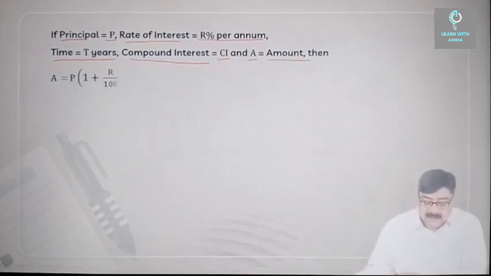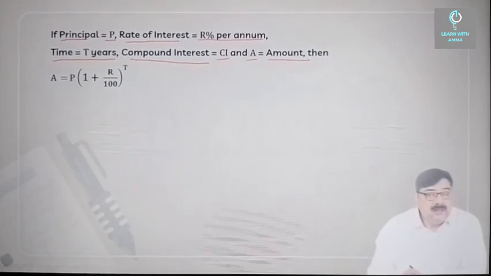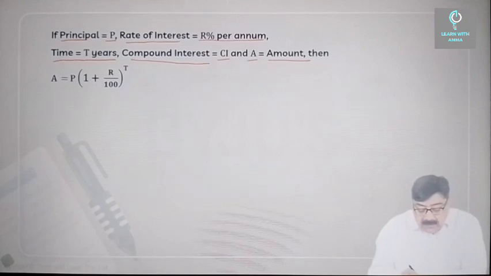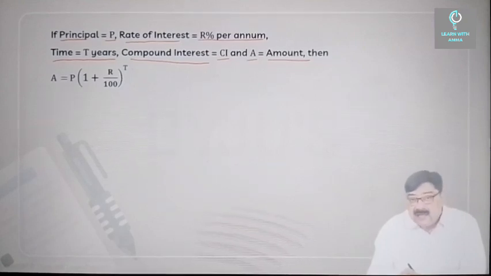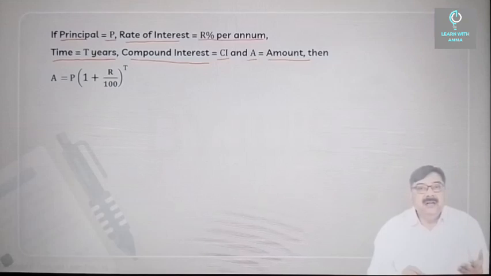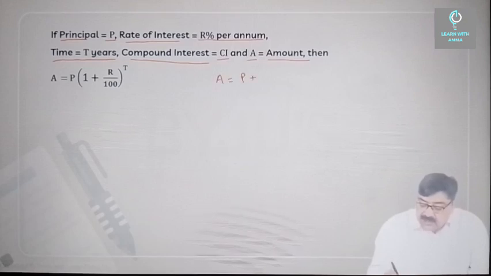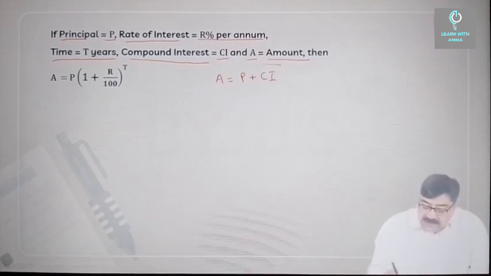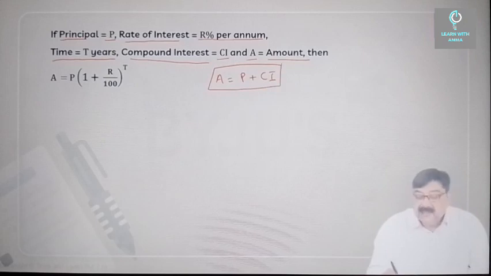Then, in that case, amount is equal to principal into 1 plus rate of interest, that is R by 100, raised to the time duration. Now, what is this amount? This is the amount which is obtained after a certain duration, such that the amount is inclusive of the principal as well as the compound interest.